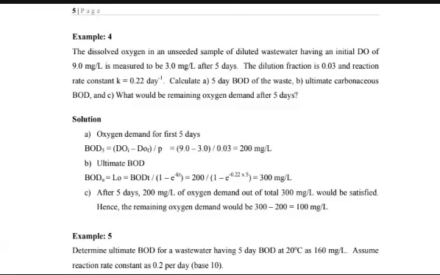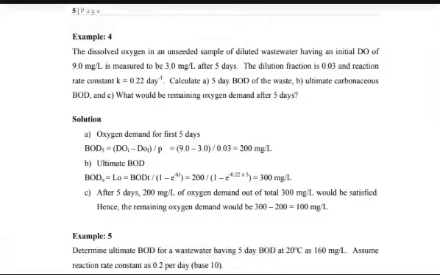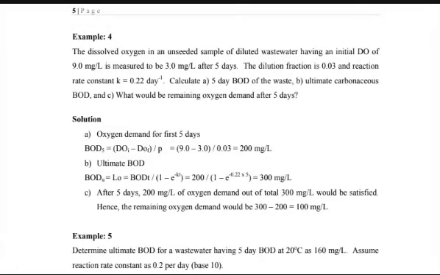Reaction rate constant K is equal to 0.22. So these are the data with us, and the time T is 5 days.